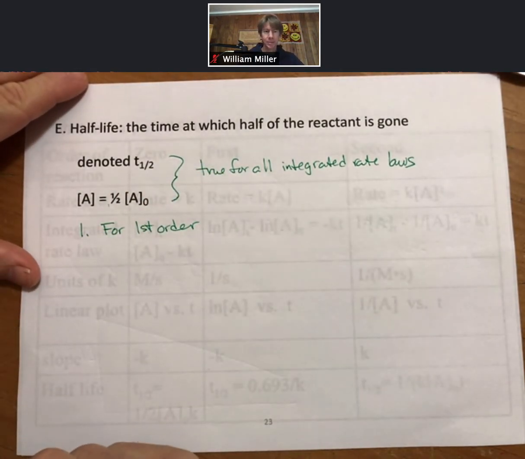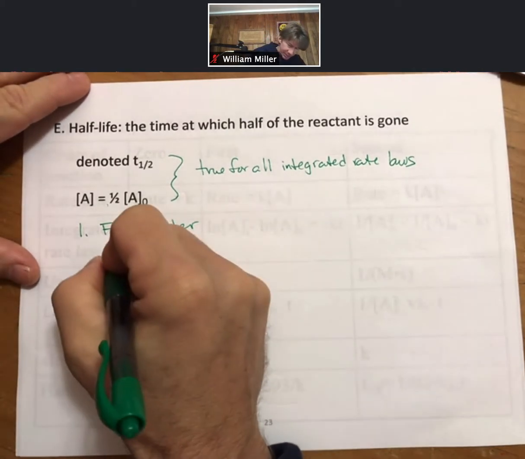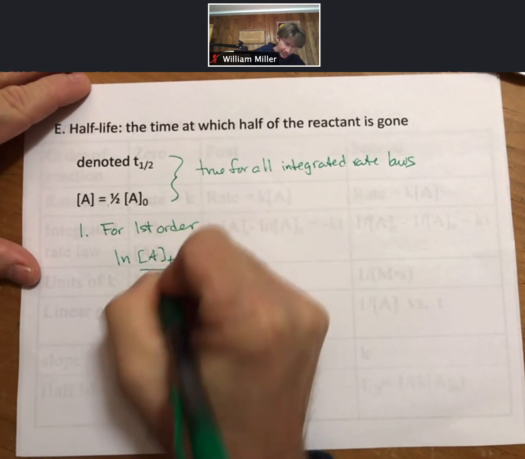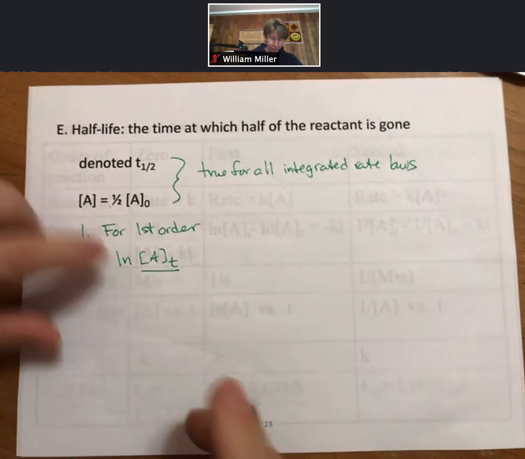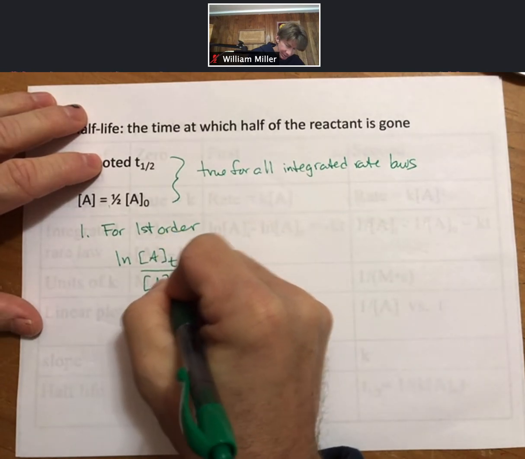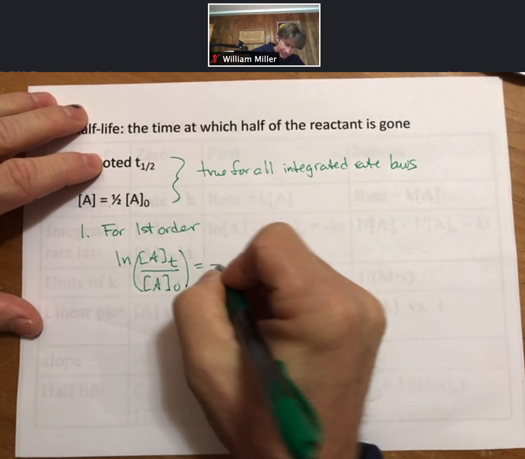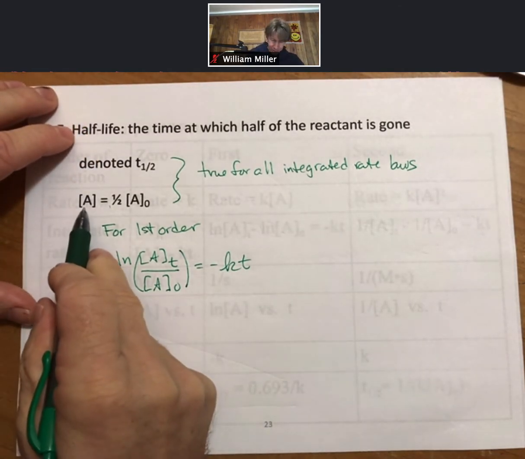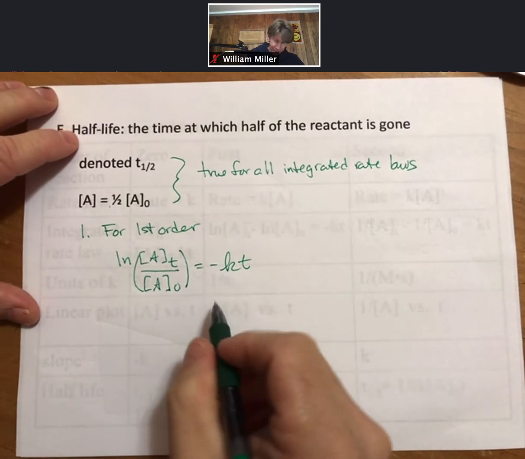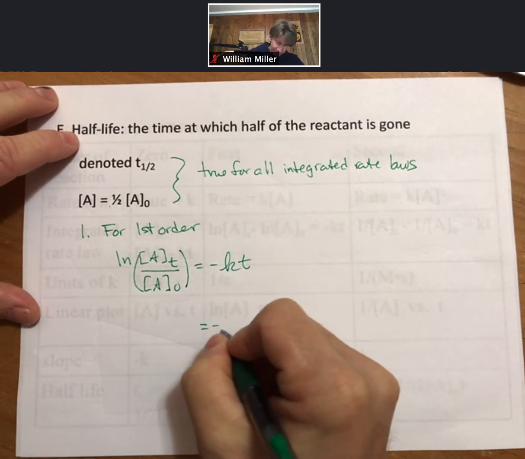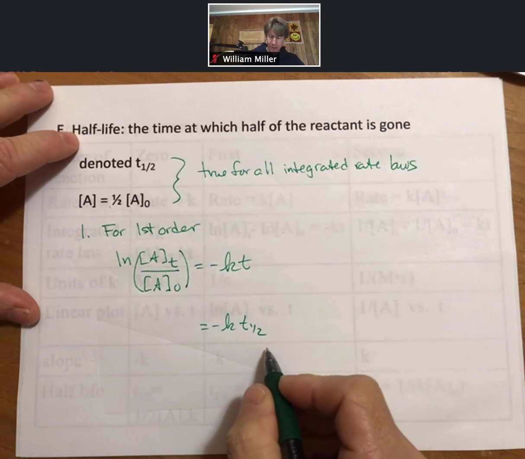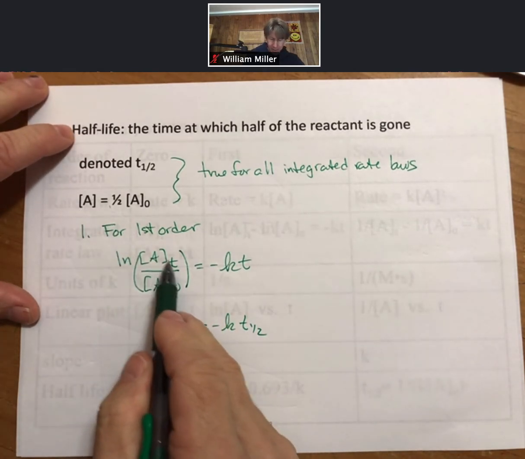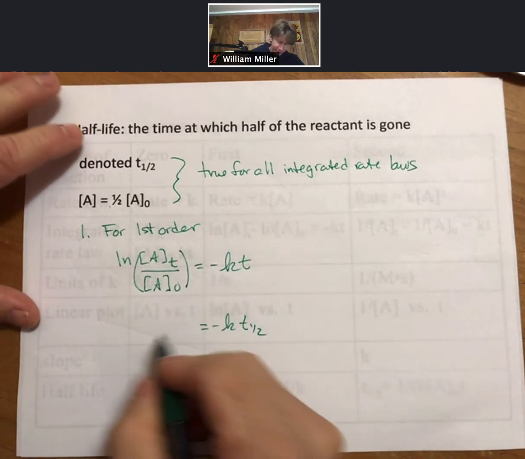we know that the first order integrated rate law says that the natural logarithm of the concentration of A over the initial concentration equals minus kT. And now we're just going to plug these terms in here. So T is going to be T to the 1/2. And A of T is going to be half of our initial concentration.